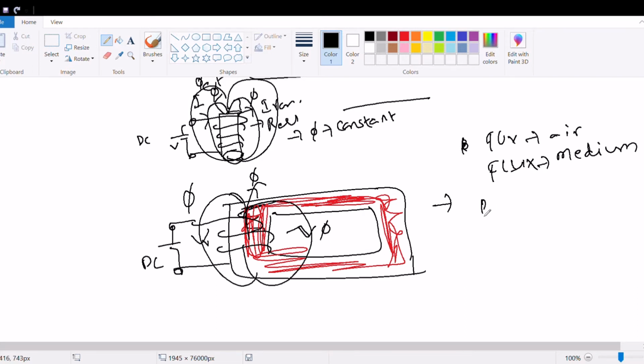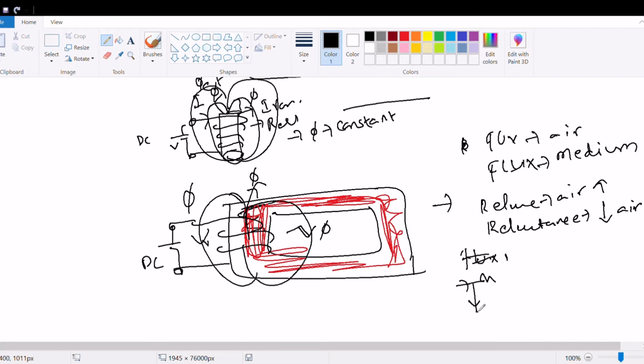The reluctance of air is high, and the reluctance of mediums like a magnetic medium is less than that of air. So flux always tries to flow through the low reluctance path, just as current likes to flow through a low resistance path.